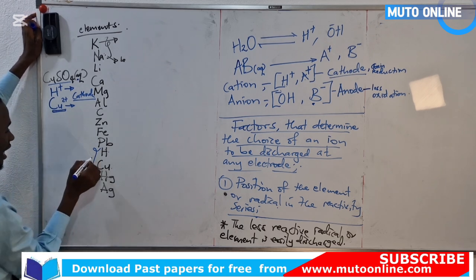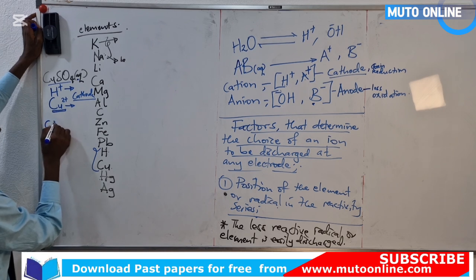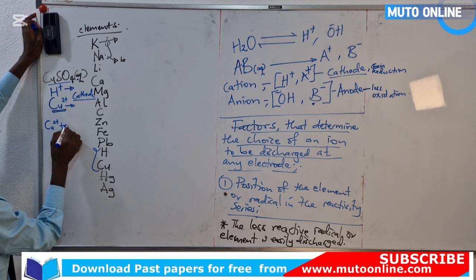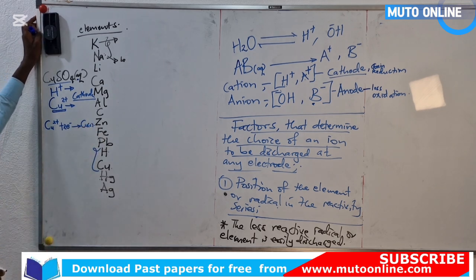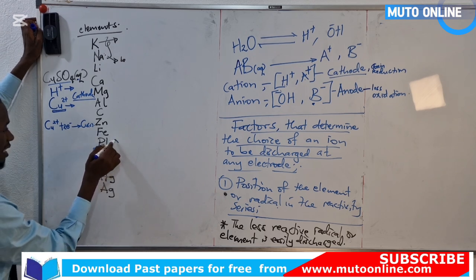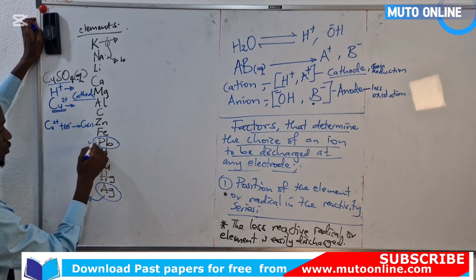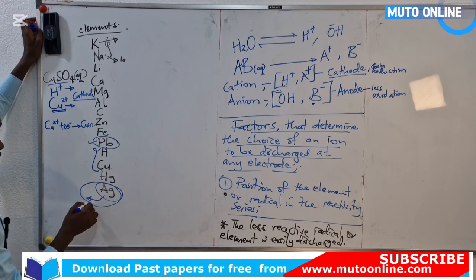implying that in the discharge we shall have copper 2 ions being discharged, and we said this discharge involves gain of electrons to form copper, solid copper. If an electrolyte comprises two, let's say lead and silver, silver will be discharged in preference of lead because silver is less reactive compared to lead.